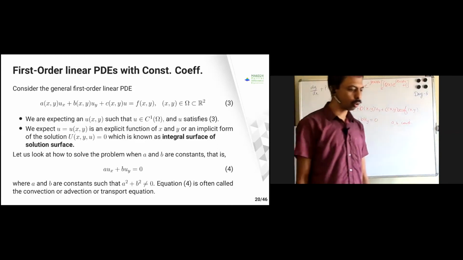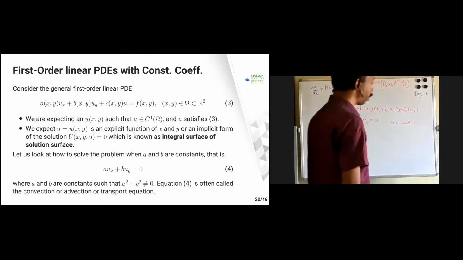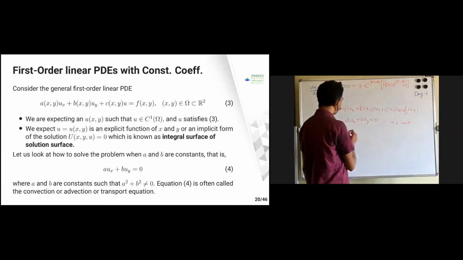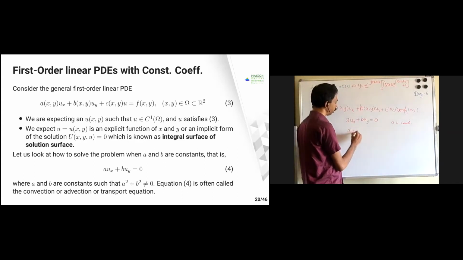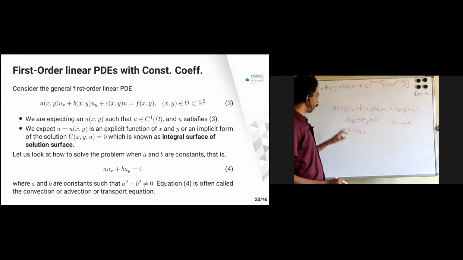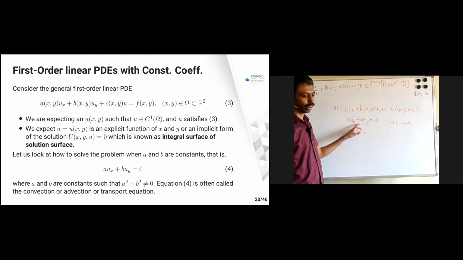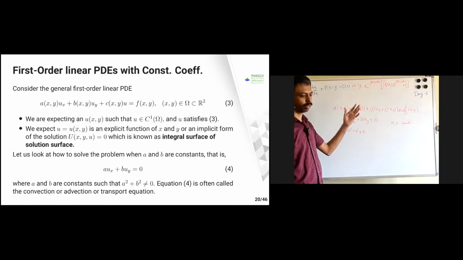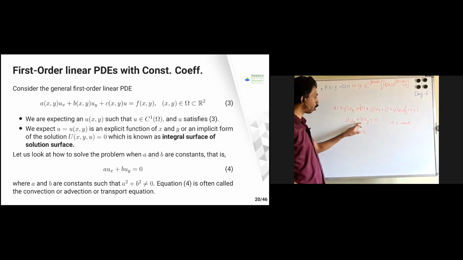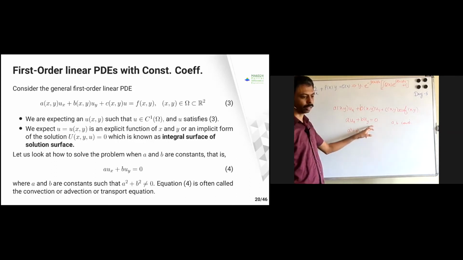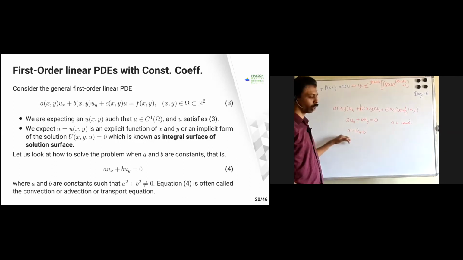Now I have to choose these constants a and b such that a squared plus b squared is not equal to 0. Suppose a equal to 0, then I don't need to worry, I already know how to solve that; you can simply integrate it. If b equal to 0, again I can solve that easily. So I want a squared plus b squared not equal to 0, that means at least one of them is not 0.